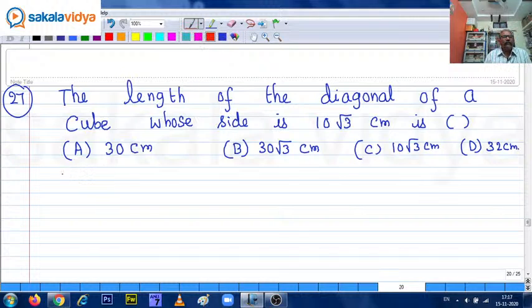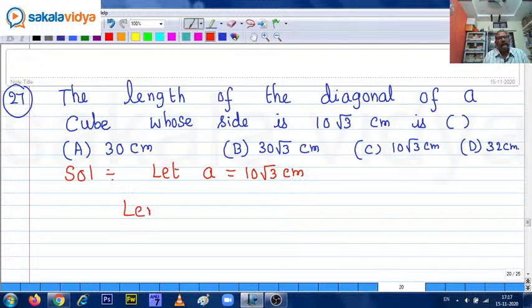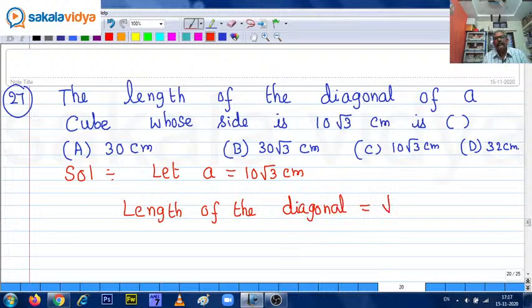So we have the formula already given. Solution. Here let the side of the cube a be equal to 10 root 3 centimeters. The length of the diagonal is given by the formula root 3 times a.